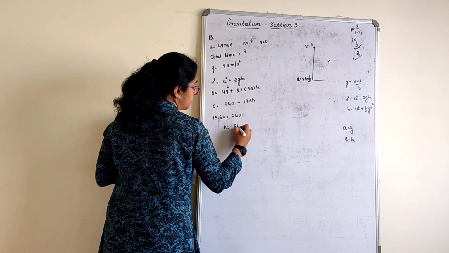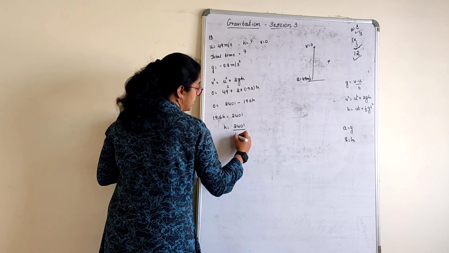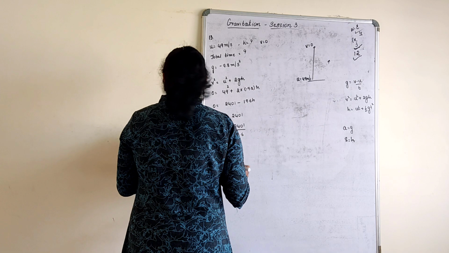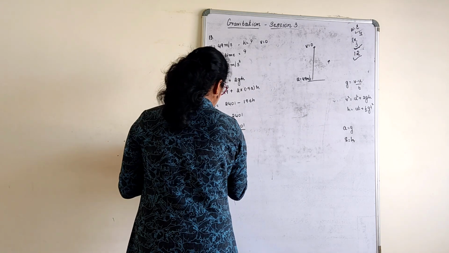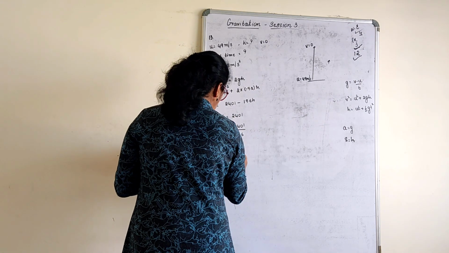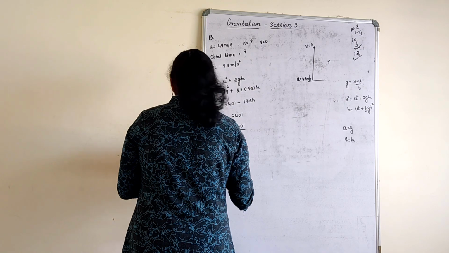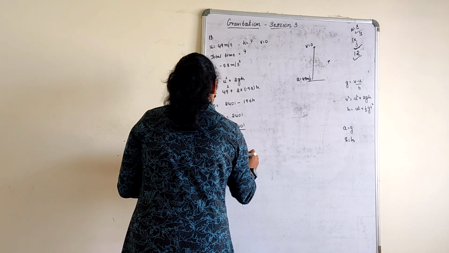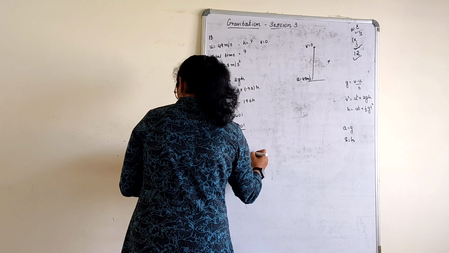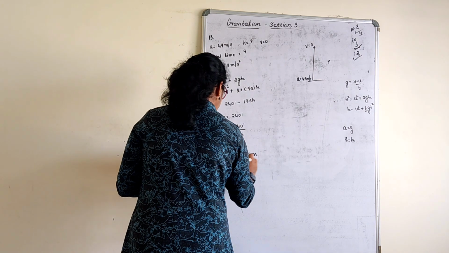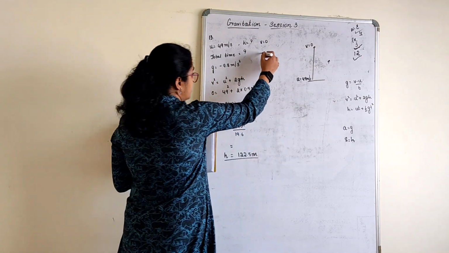H is equal to 2401 divided by 19.6. You can remove the decimal and then calculate this. I will give you the height directly: 122.5 meter. This is the height.